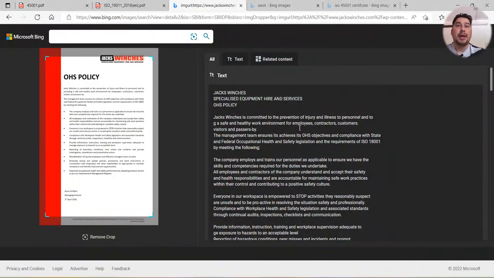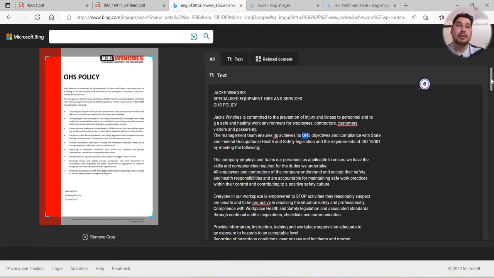Employees are internal, and contractors, customers, visitors, and passers-by, they are the external. So it is included. The management team ensures it achieves its OHS objectives. So now see, it has included the OHS objectives and the compliance with the standard. Okay. It says ISO 18001 also by meeting. It should be 45001. Okay.